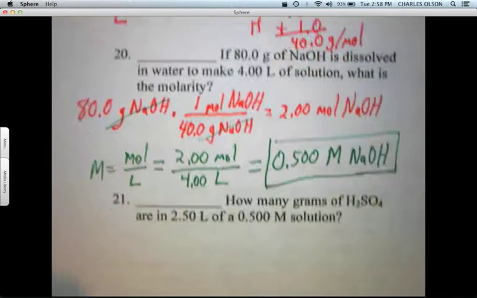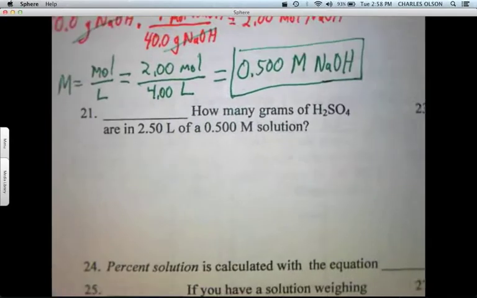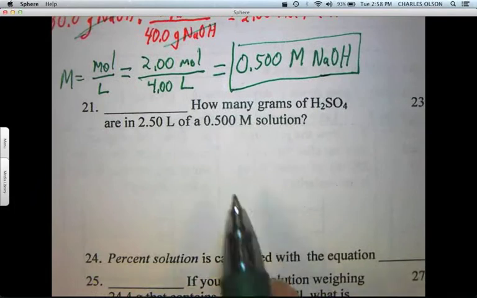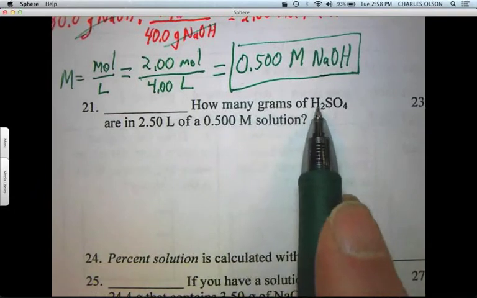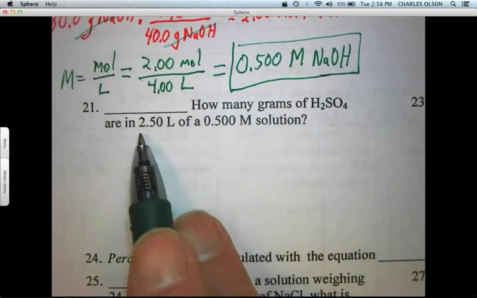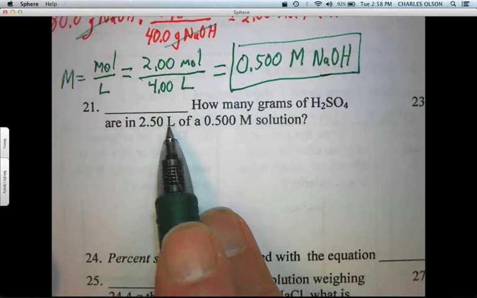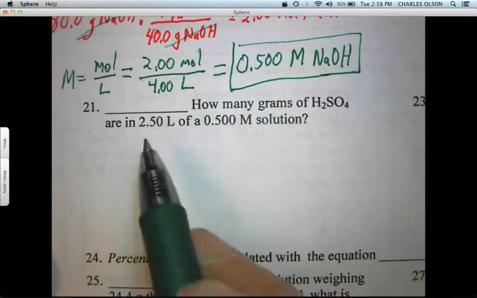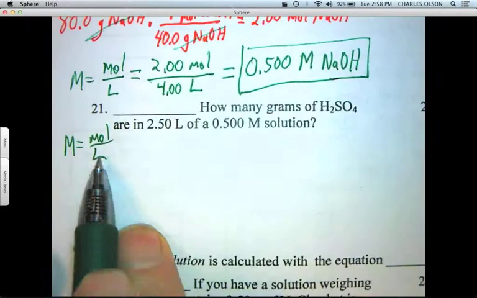All right. Let's move on to question 21. We'll just take a quick look at this. It's saying how many grams of H2SO4 are in so many liters of so many molar solution. Well, given liters and molarity, once again, we know molarity equals moles over liters. So what does moles equal?